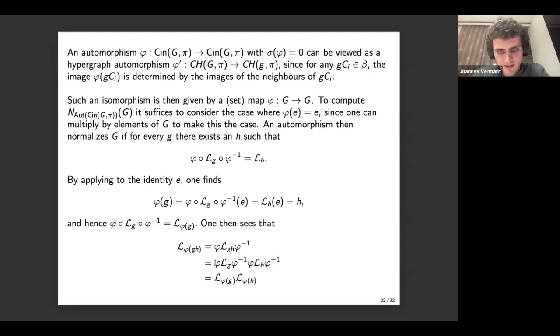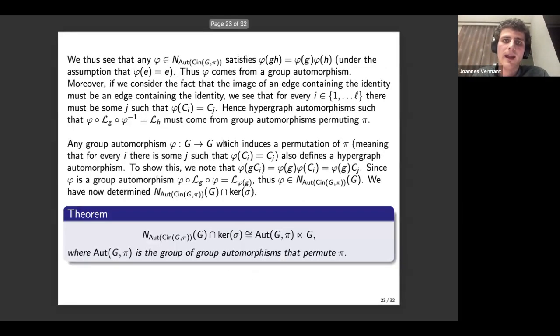And then applying the relation again, the left translation by phi of G of H is the same as the left translation by phi of G after the left translation by phi of H. And in this way, we see that these are group automorphisms.